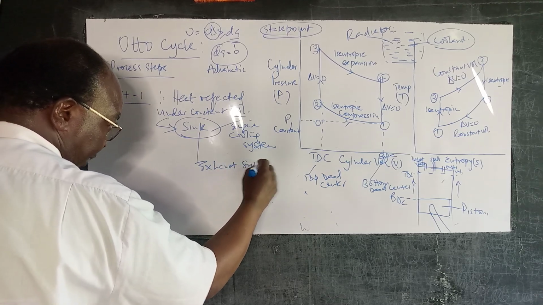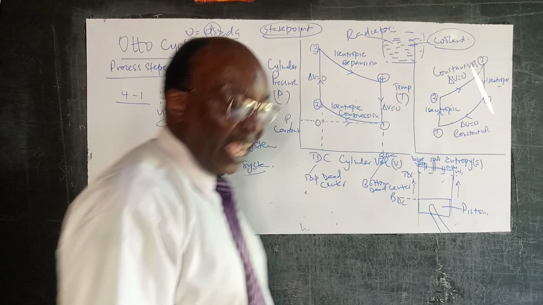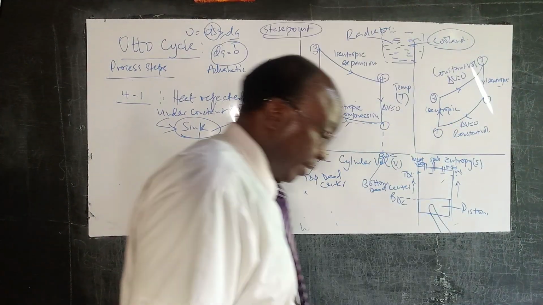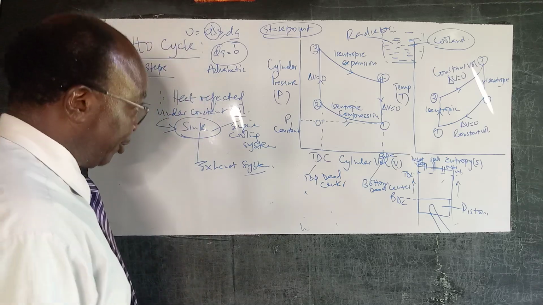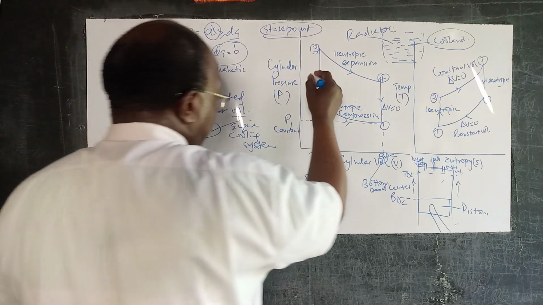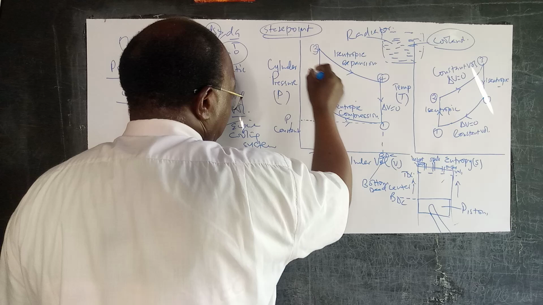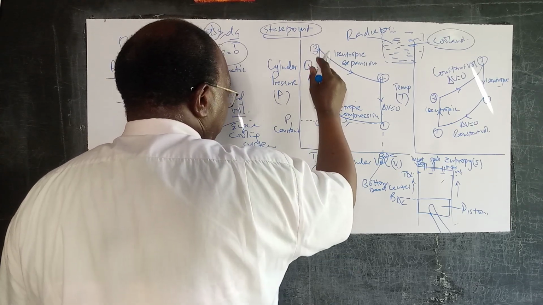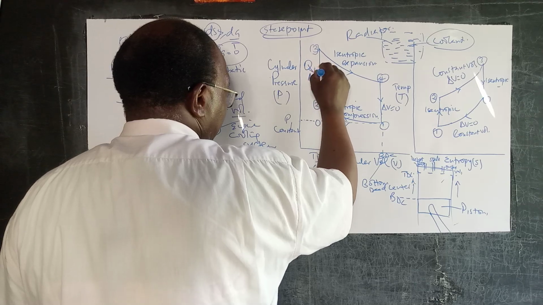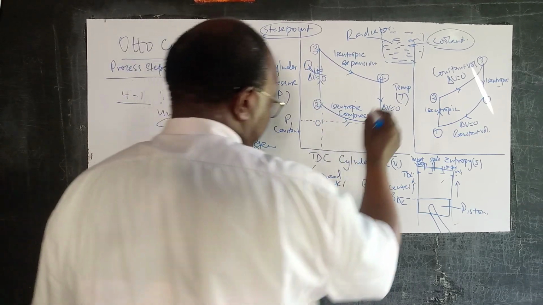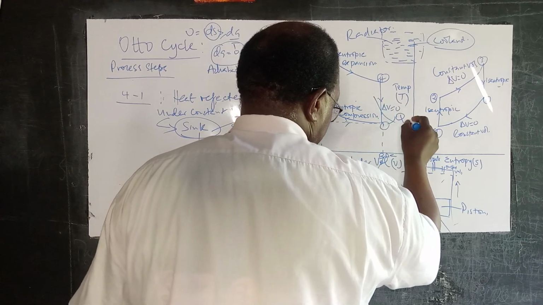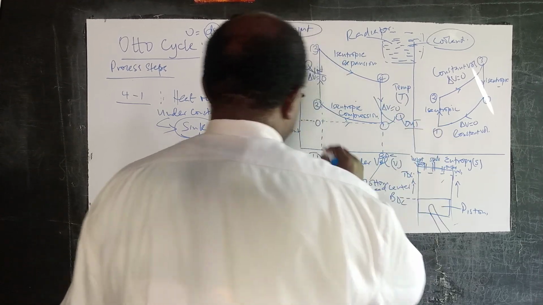system, which in industry is sometimes called a stack, where it's able to release those gases, the products of combustion. So, very important, note that at this particular point, heat is being inputted and heat is being rejected.